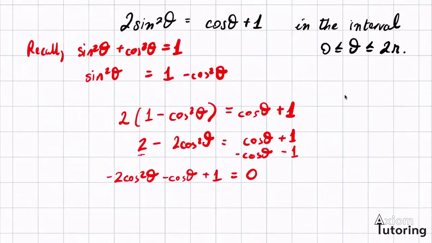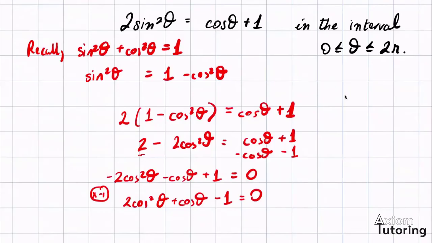And then we can just multiply everything on the left-hand side by minus 1, or you could have brought it all to the other side and then equated it to 0. That's fine too, but I'm just going to multiply each term by minus 1, and so I get 2 cos squared theta plus cos theta minus 1 equals 0. Okay, so let's try and look at the structure of this expression.